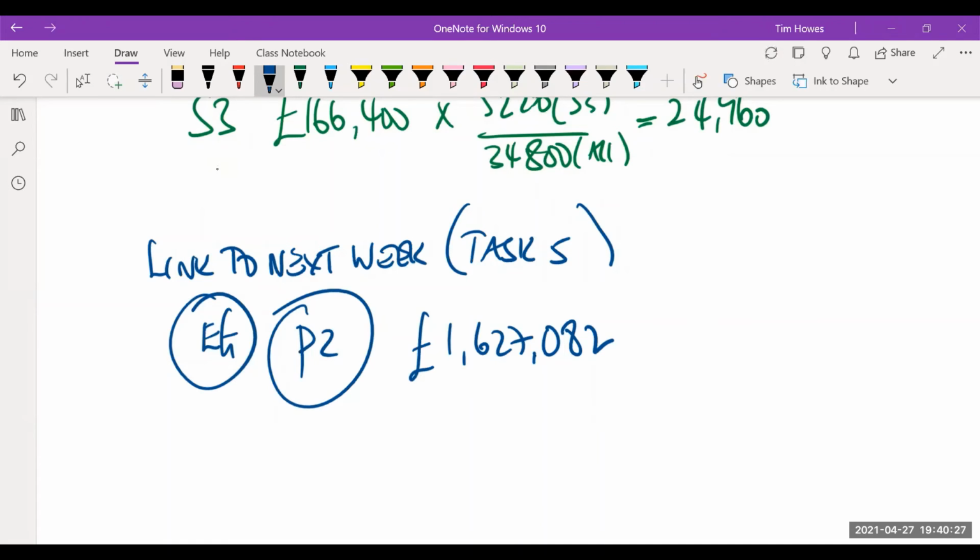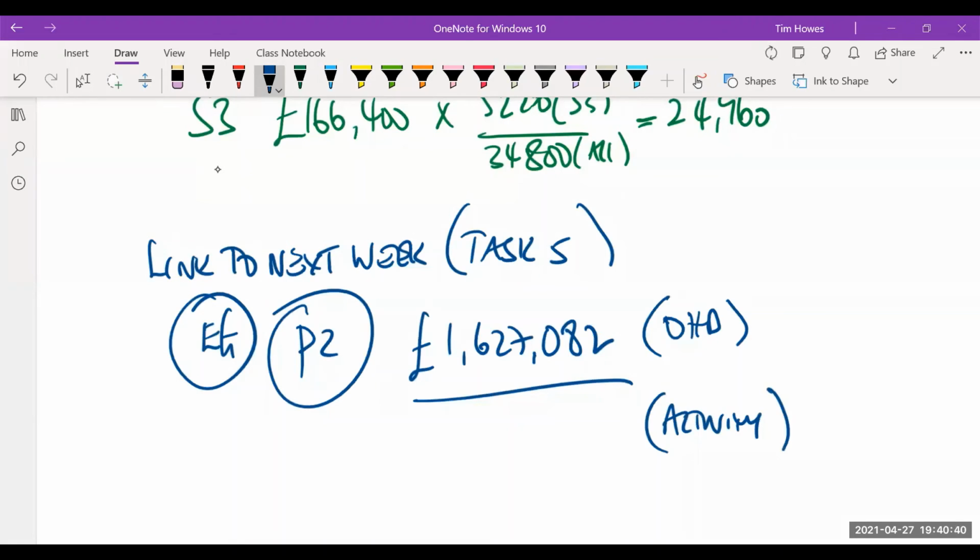What we would then need to do, this is your overhead, is absorb it on a basis of activity. So when we're looking at the cost of doing something, we're going to take the overhead and divide it, work it into what we do.